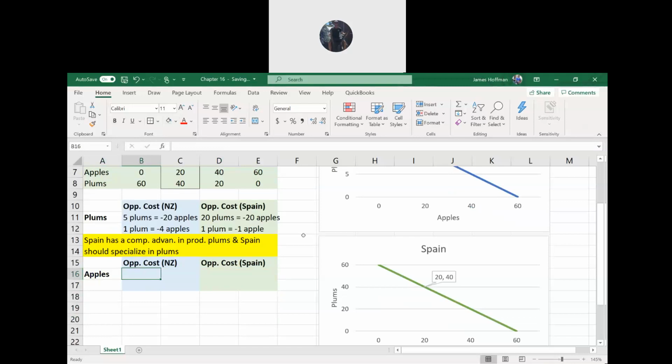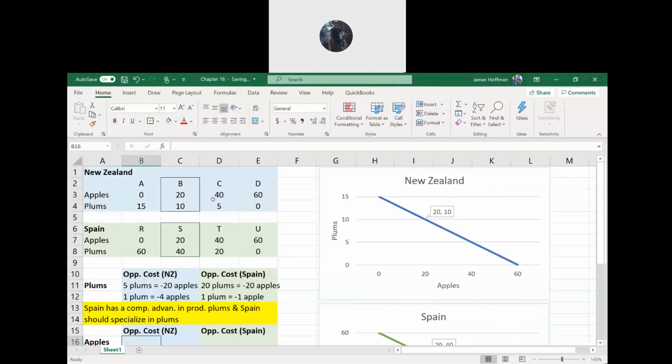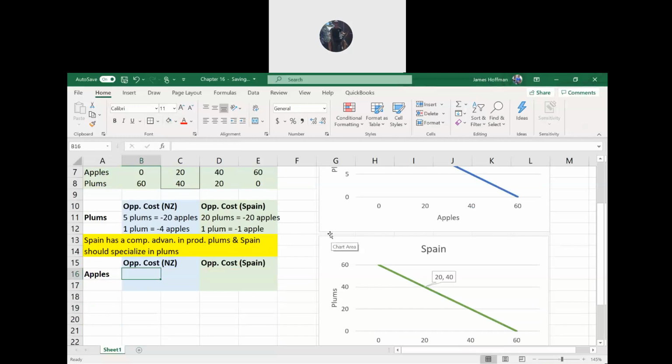Every time New Zealand produces 20 apples, they give up 5 plums, right? Plus 20, minus 5. And if you divide by 20, you get that 1 apple equals 1/4 of a plum.